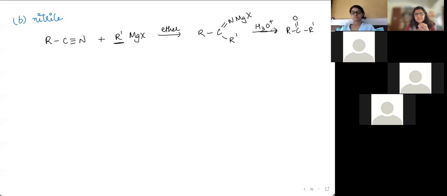So every time you do acidic hydrolysis, this becomes a common theme in the reactions of acids also. In the preparation of acids also, you try to create an acyl chloride or an ester or an anhydride, and then try to do acidic hydrolysis. Whatever substituent you have gets substituted with OH from the water in the acidic hydrolysis.